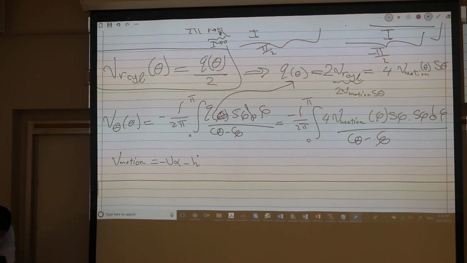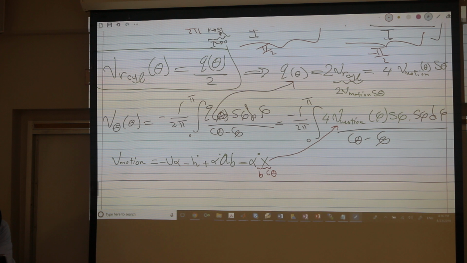So minus h dot plus alpha dot a b, and minus alpha dot times x, and I'm reminding you that x is b cosine theta or cosine phi, whatever you call it. So I'll take this and put it here.